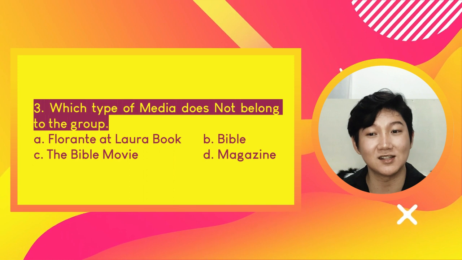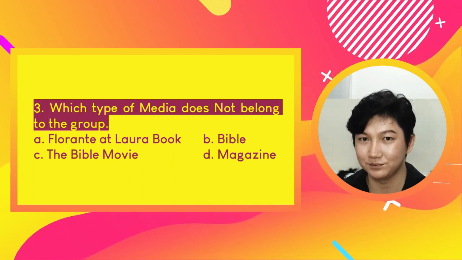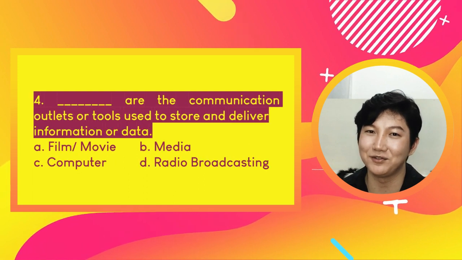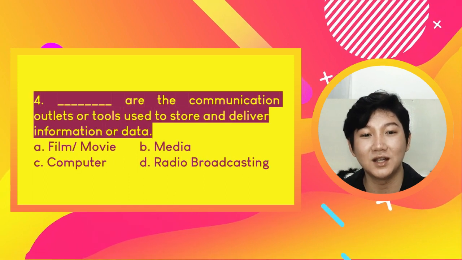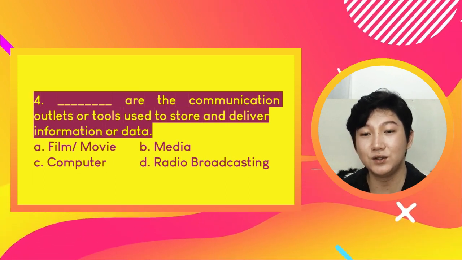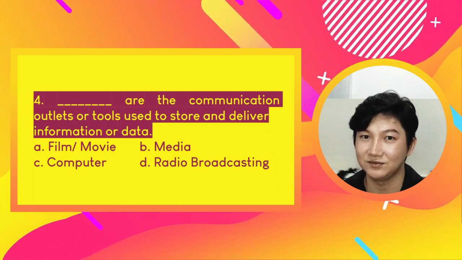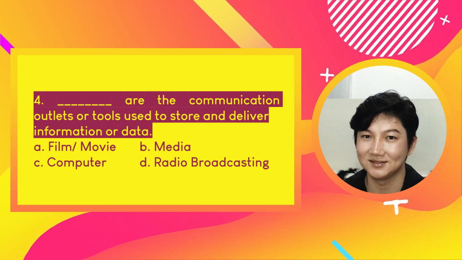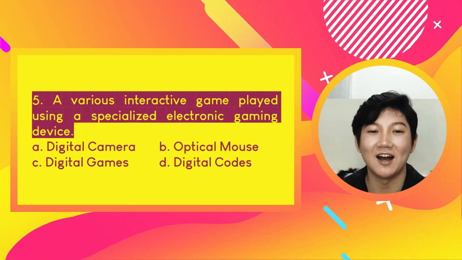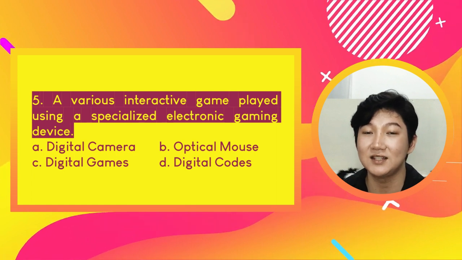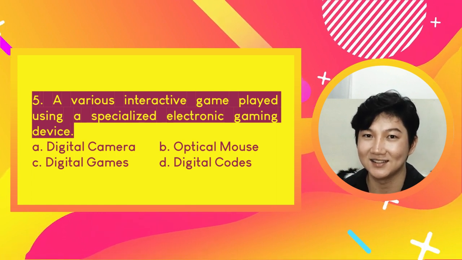Which type of media does not belong to the group? Number 4. Blank are the communication outlets or tools used to store and deliver information or data. Number 5. A various interactive game played using a specialized electronic gaming device.